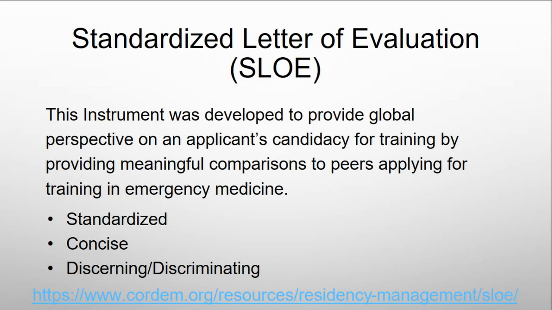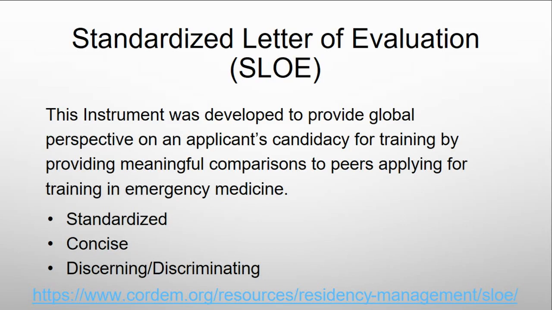If you go to CORD EM resources, the cdemcurriculum.org site that was mentioned on one of the earlier slides, a lot of this information is on there. Take a look at that, especially if you're new to writing SLOs. So what's the purpose? It was developed to provide a global perspective on an applicant's candidacy.